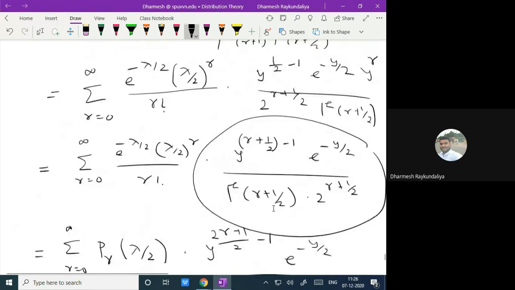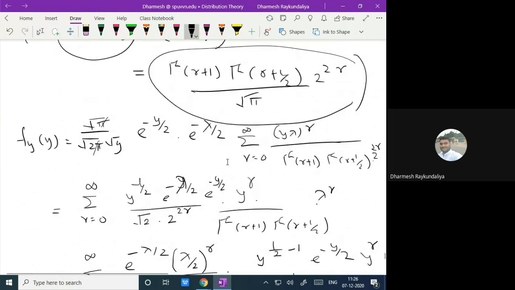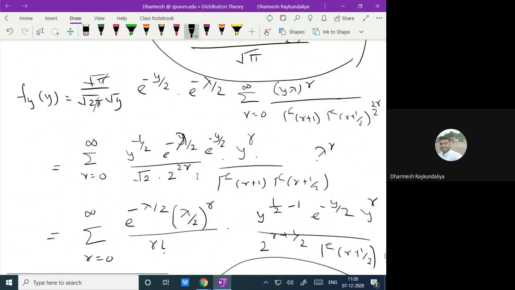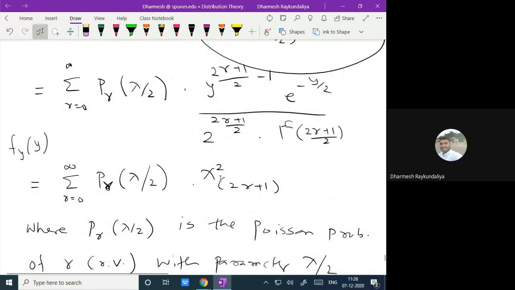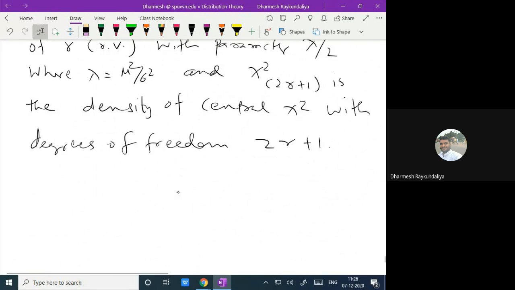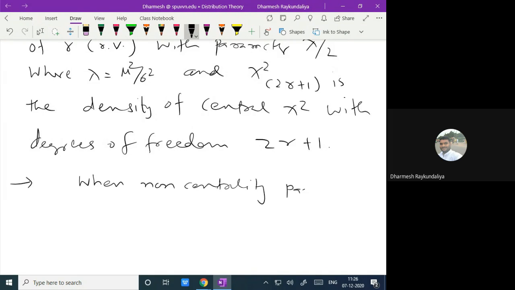If you substitute, let us say, lambda equal to 0, what happens? When the non-centrality parameter is 0, it means mu square by sigma square equal to 0, which implies mu square equal to 0, which implies mu equal to 0.